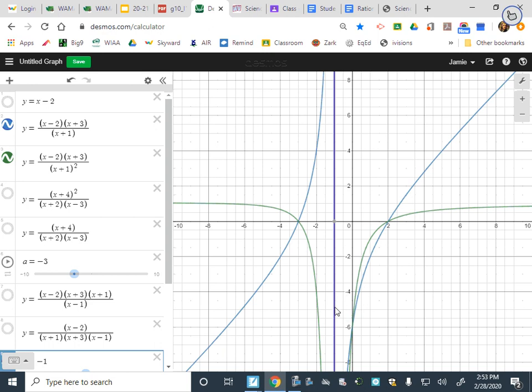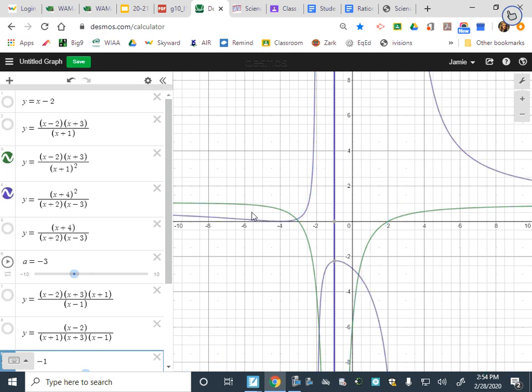The other way to compare those, if we compared both that one and the other one I already took out, oh, that one. We had this one where we had a multiplicity in the numerator, and so it came down to the axis, but it didn't cross it.